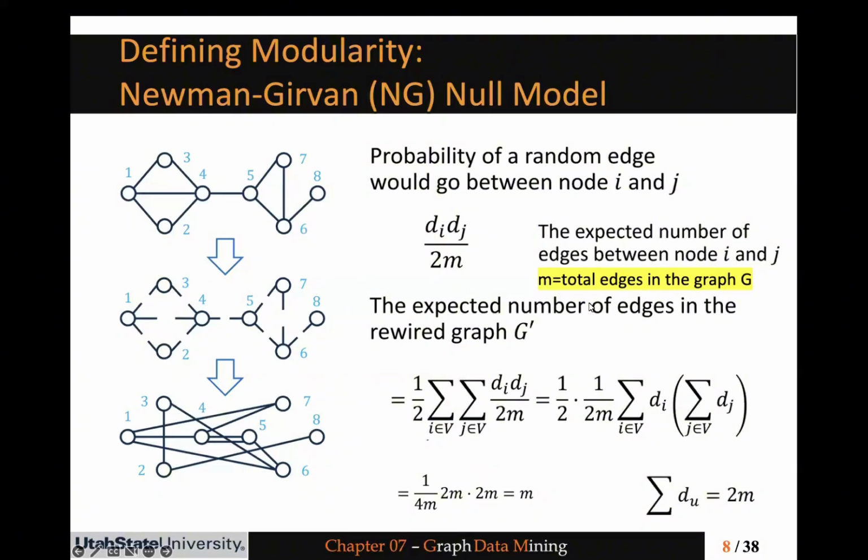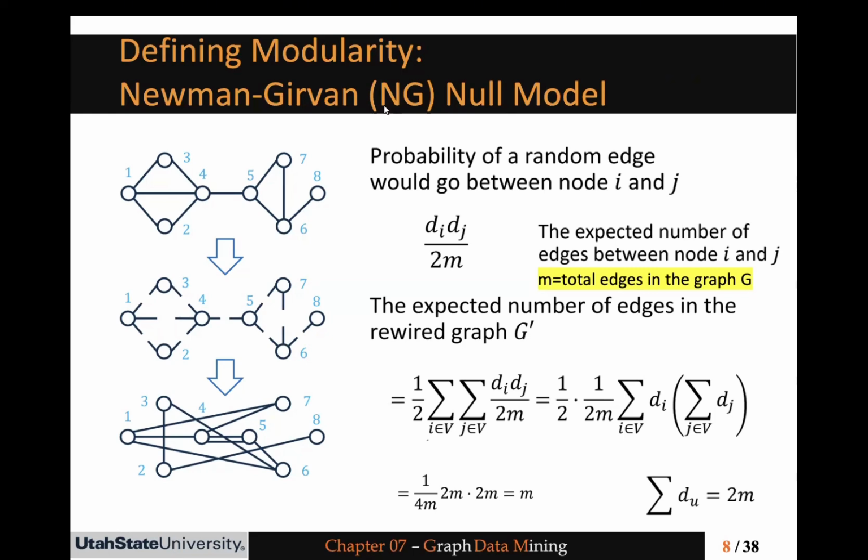Among all the stubs that exist, I need to pick one of the stubs from d_i and one of the stubs from d_j in order to link i and j together. So the probability is d_i times d_j over 2m, which is the total number of stubs that exist.